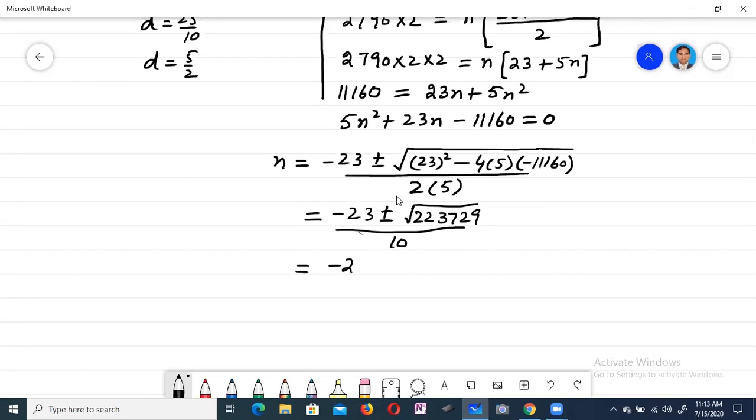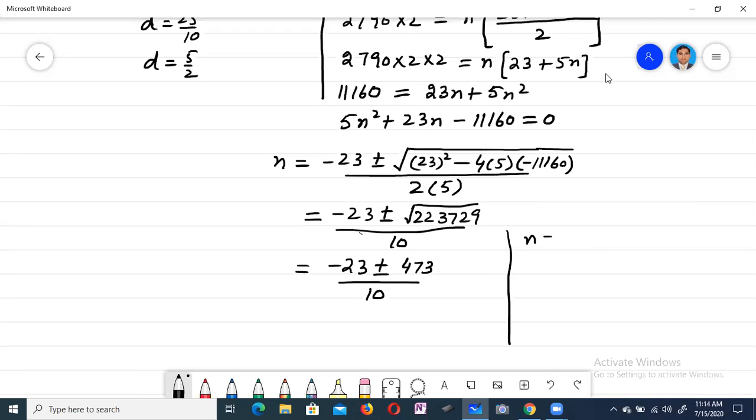Now minus 23 plus minus outside the square root, this is giving us 473 divided by 10. Now here two signs, plus and minus. Now here first we have to take positive.